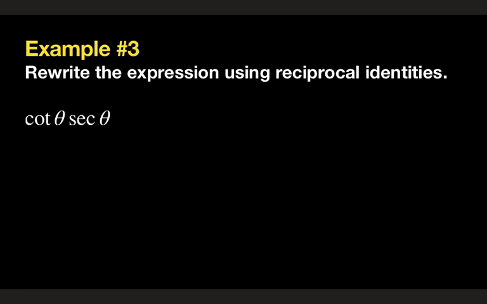For this problem, you're not using x, you're actually using the Greek letter theta. So make sure that you keep your correct variable. So we're going to put cosine theta divided by sine theta, and then this is going to be multiplied times 1 over cosine theta.